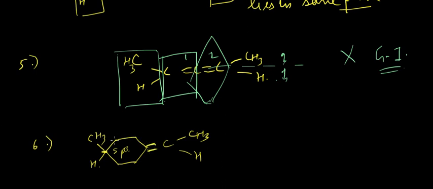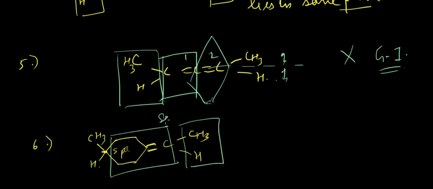This ring, along with this carbon, will lie in one plane, and these also lie in the same plane. The CH3 and H groups attached to this carbon atom will lie in the same plane. But when you say that this is an sp3 hybridized carbon atom, then the bond angle would be 109 degrees between its groups or substituents attached to this carbon atom. So if this ring is in the same plane, you know the tetrahedral structure, right?